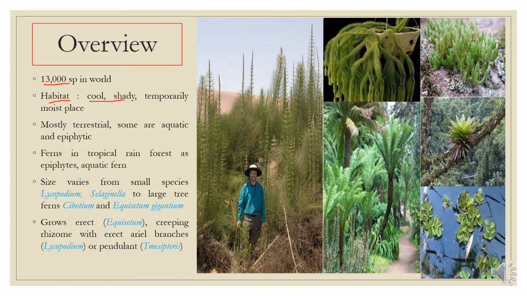and temporary moisture is also required, firstly because it helps in the growth, but also because the male reproductive gamete, that is the sperm in the pteridophytes, is either bi- or multiflagellated, which means that for fertilization to happen, there should be a certain amount of water.